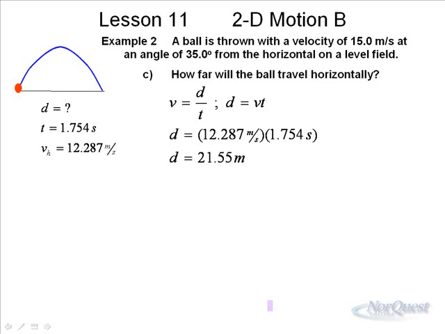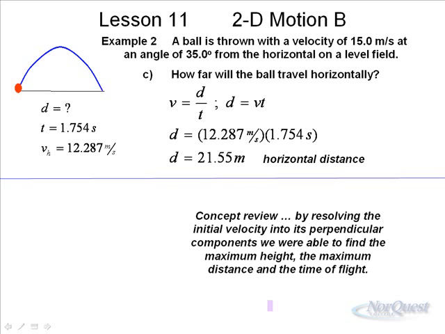The result is 21.55 meters. And that is the horizontal distance that the object would undergo. All right, so we figured out the maximum height, time of flight, horizontal distance. How far, how high, how long.